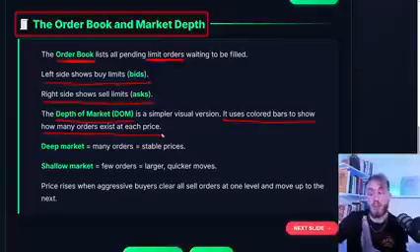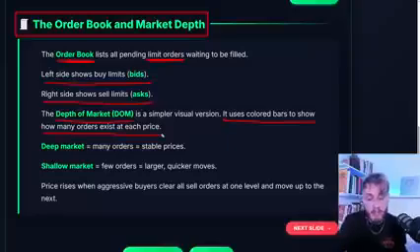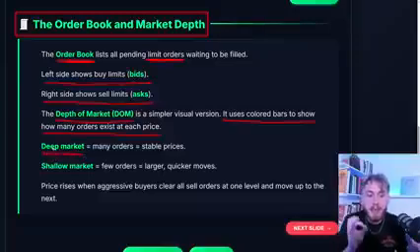So the more orders we have, the longer the bar will be, and it's very, as I said, visually appealing and easy to learn. And I will show you this very soon. And here we have two important concepts. First of all, we have something known as a deep market.